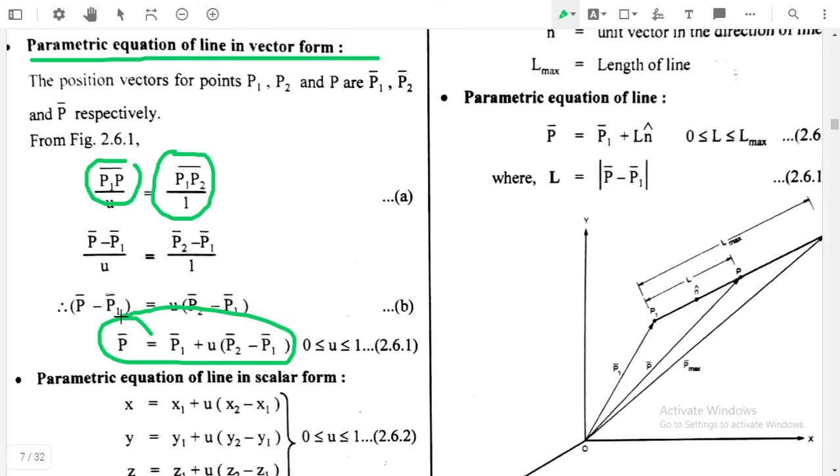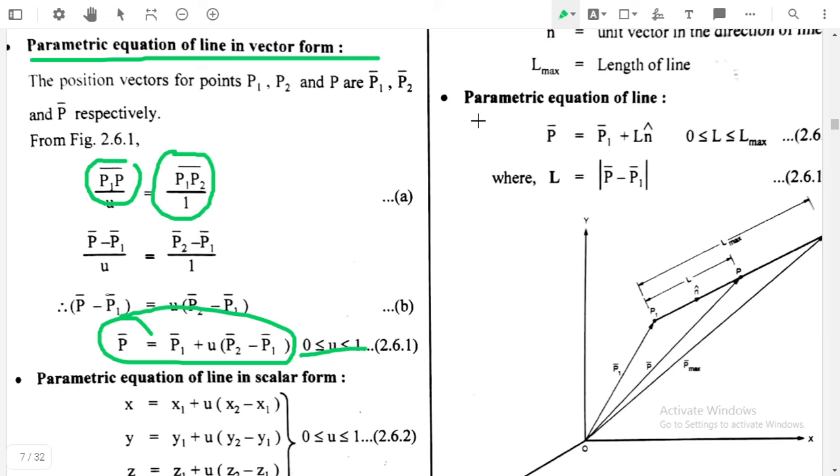P bar is equal to P1 bar plus u into P2 bar minus P1 bar, and the value of u is varying from 0 to 1.